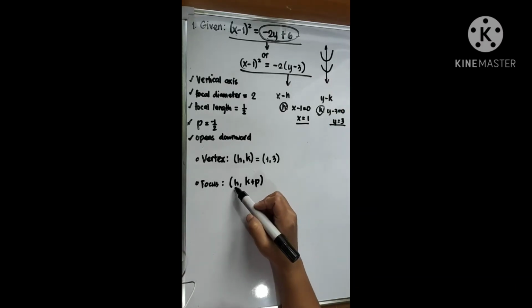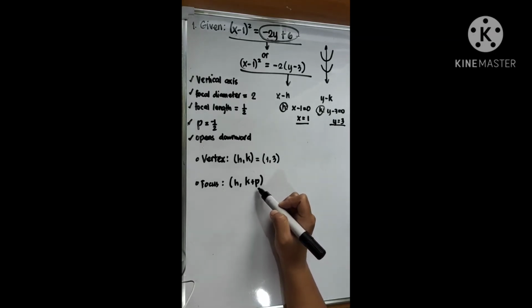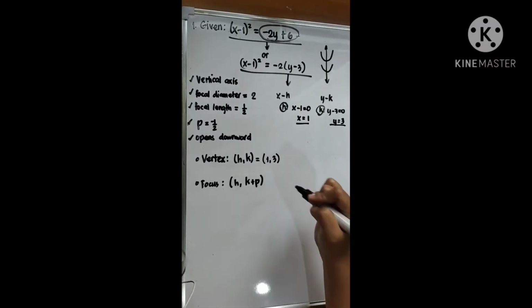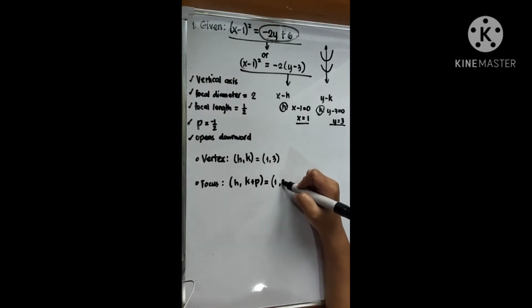Therefore, we cannot add or subtract p from our h to get the focus and the directrix, but we have to add p to our k to get the focus and subtract p from our k to get the directrix.